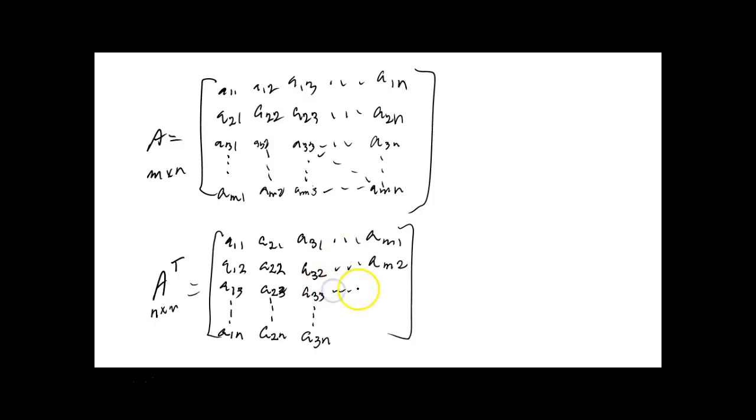And going across here, I come up to the last one there. Okay. This one. AM3. And these dot, dot, dot, all the way down to AMN. Okay. That's the transpose of the matrix.